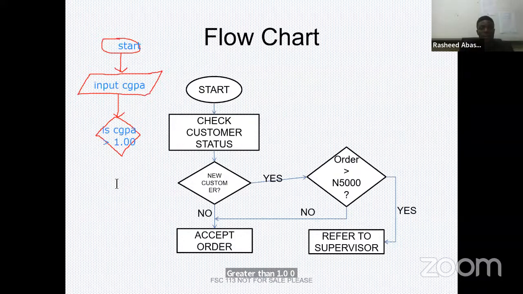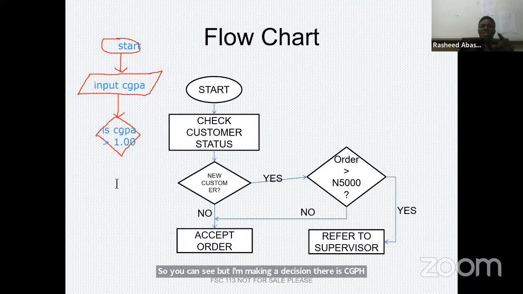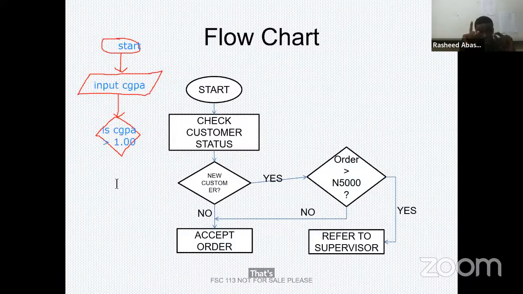So you can see, because I'm making a decision there, is CGPA greater than 1.00, that's why I'm using that symbol. Whenever you are making a decision, that's the symbol you use. Is CGPA greater than 1.00?